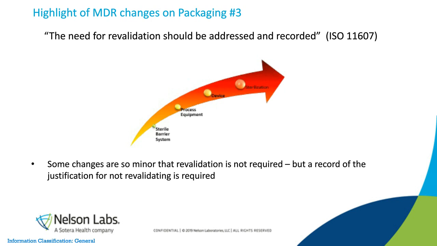Some changes can be minor that revalidation is not required, but then the cumulative effect of all of these changes could require additional testing. This justification should be documented possibly on an annual basis, but definitely needs to take place and gives you a really good view when the FDA comes to take a look at your information.